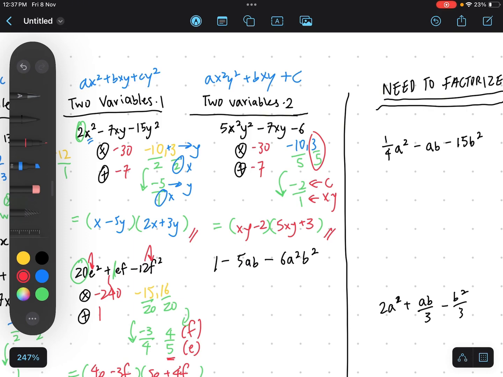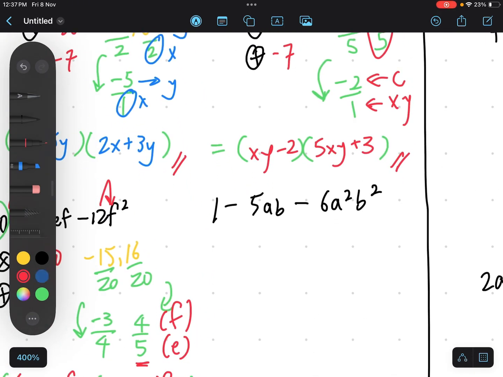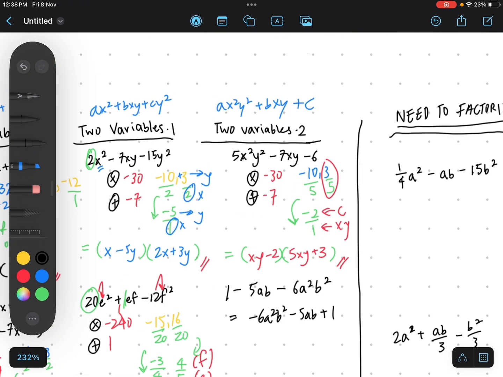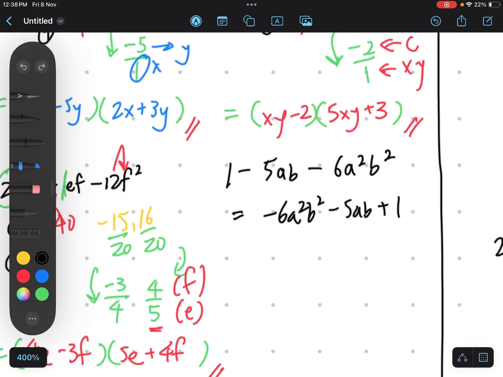This is fun. I think it's pretty fun when you get the hang of it. So now this one, it's not in the correct form. So we'll just rewrite it as 6a squared b squared minus 5ab plus 1. So now it's in the same form as this. So after that, we're going to find the multiplication number again.